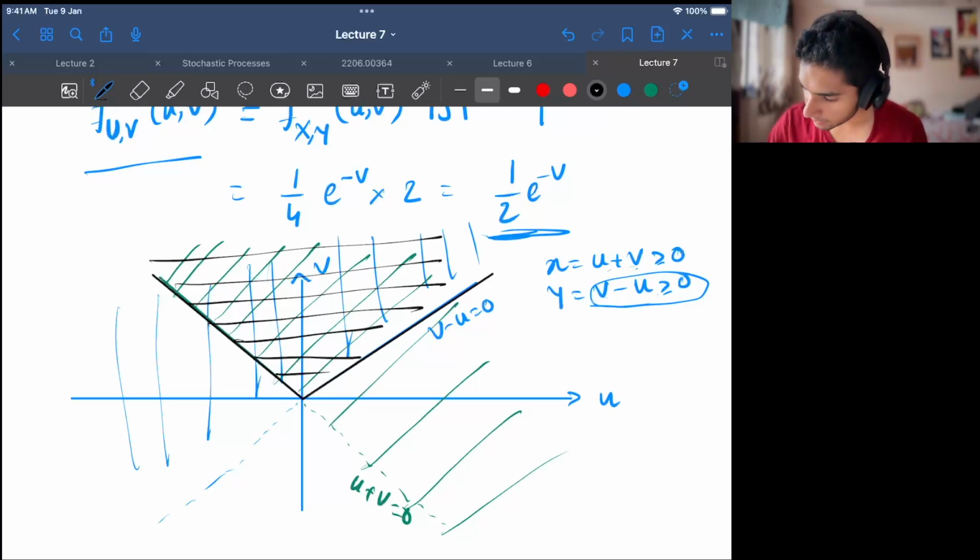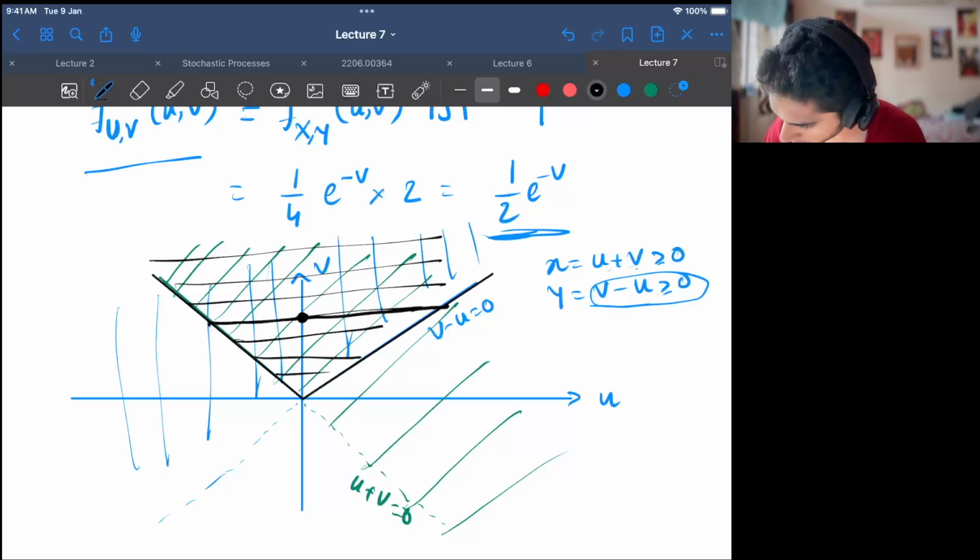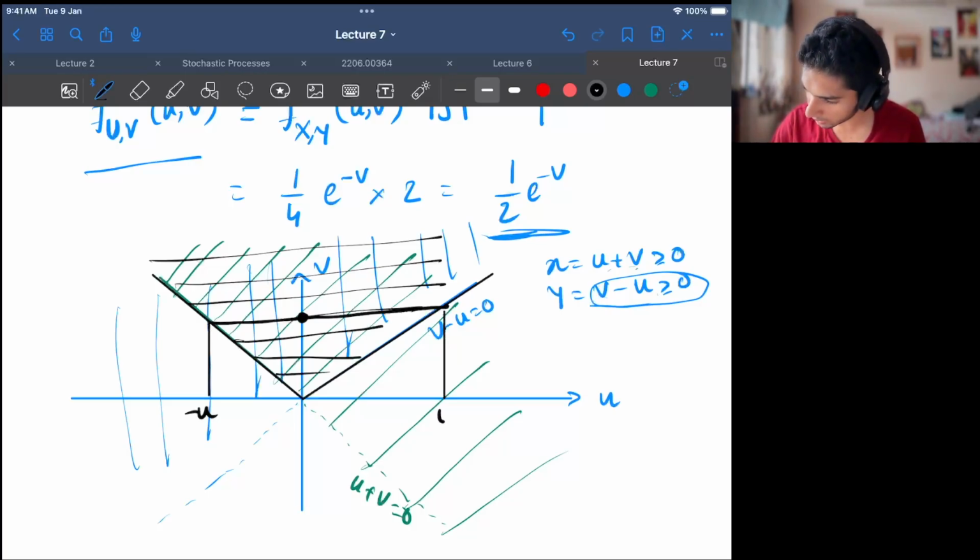So for a given v, what is the range of u that you can look at? For a given v, the range of u basically goes from minus v to v, right? This is what we can see.